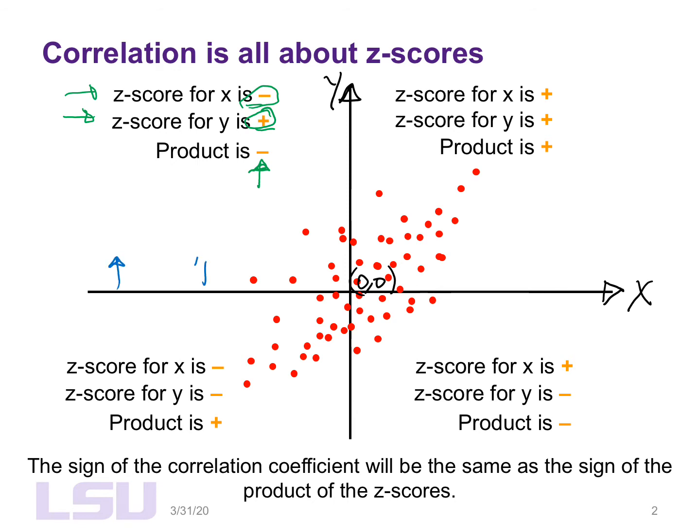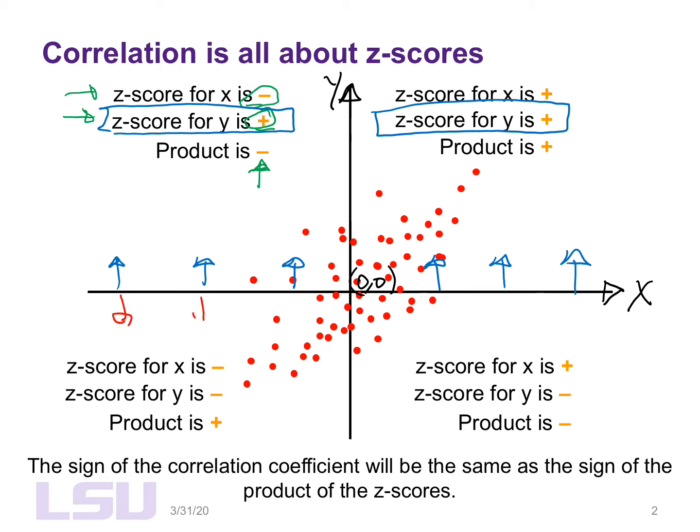Above your x-axis, meaning as you go here, what's the value for y? Y will be positive. So the z-score above this will be positive. How about below? It's going to be negative, right? Is that what you see? Yes, z-score negative.